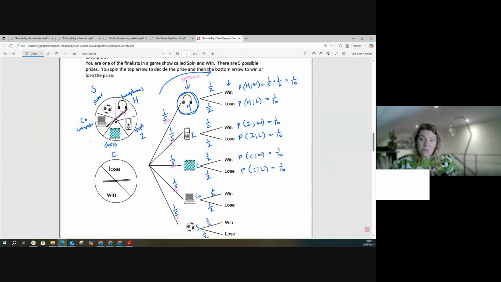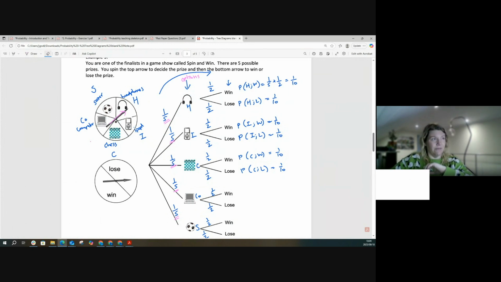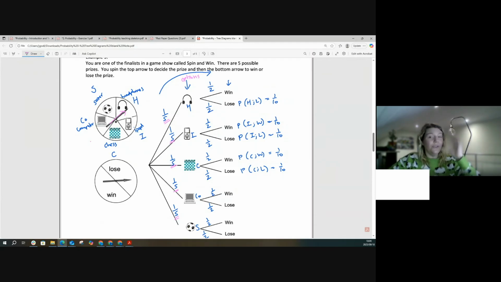The second part of the game show is now we spin a second wheel, and it's either going to be win or it's going to be lose. So if we follow the journey of one of these, I'm just going to do this first journey over here. This is imagining that you went up at the front of the game show, you spun the first wheel, and you landed on headsets. Then you spin the second wheel and you landed on win.